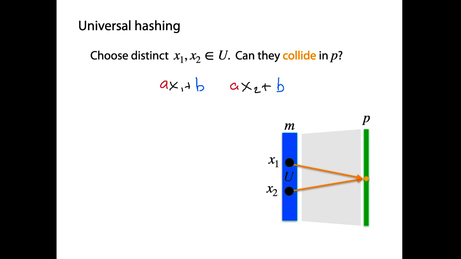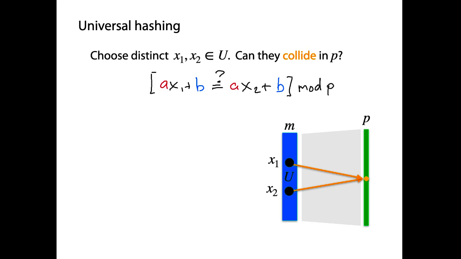And the question is, can they be equal? Is it possible for x sub 1 and x sub 2 to collide after applying ax plus b modulo p? All of this, I should have written, is mod p. This whole expression, we're doing everything modulo p.